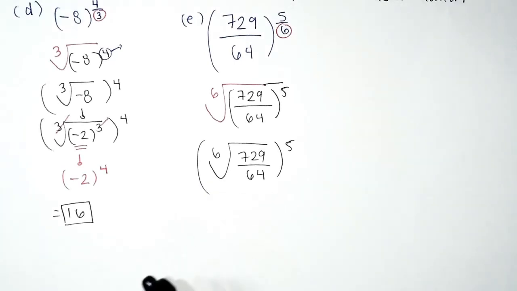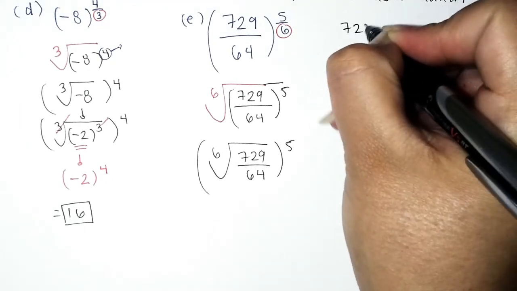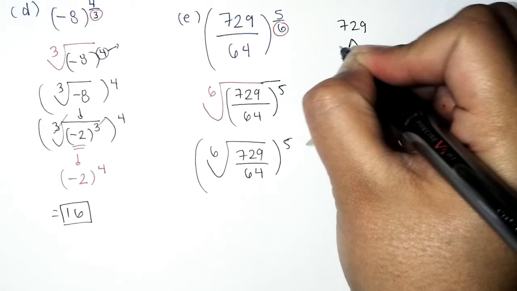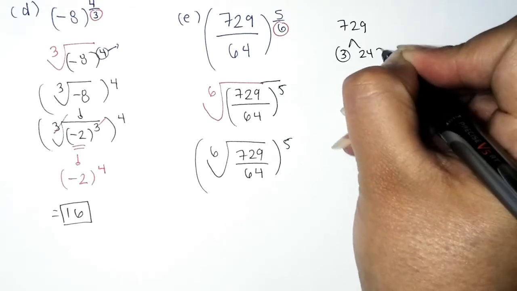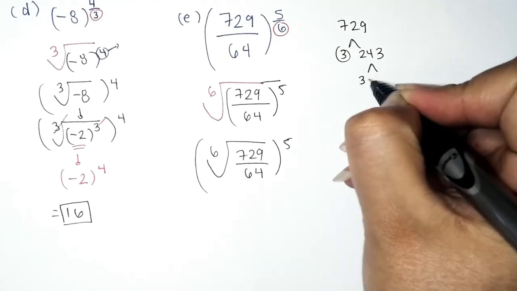So I'm going to go ahead and prime factor it. So we have 729. 2 is not a factor. Who has a calculator? I think 3 is a factor. Okay, it is. So that will be 3 and 243. Then let's keep branching it out. 3 is also a factor. It will be 3 and 81.